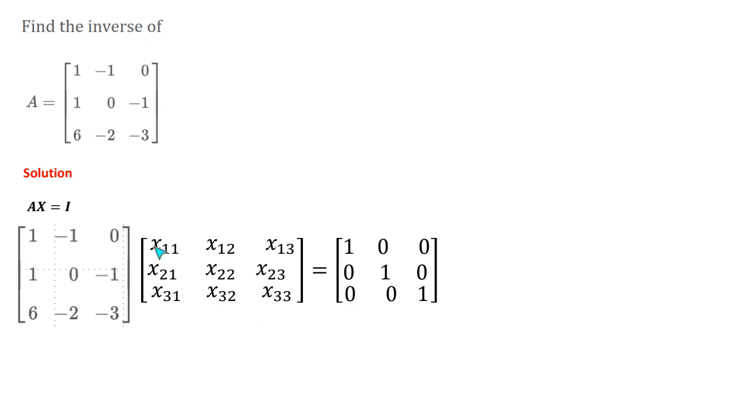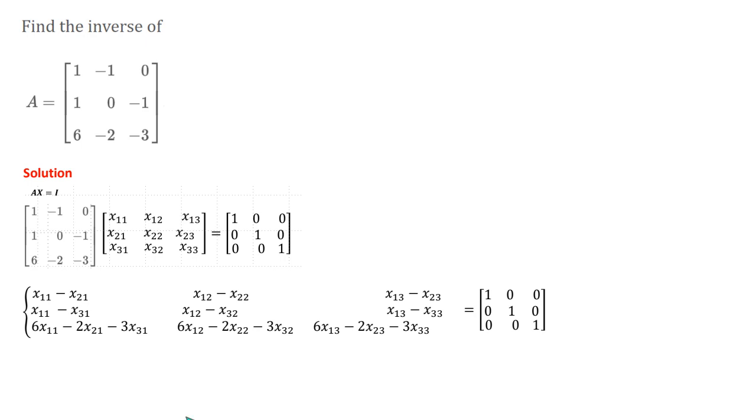But if you were to multiply this out, you would take this row by the column, and then this first row by the second column, the third row by the third column. Then you would use the second row with the first column, second row with the second column, and so on. So it would look something like this.